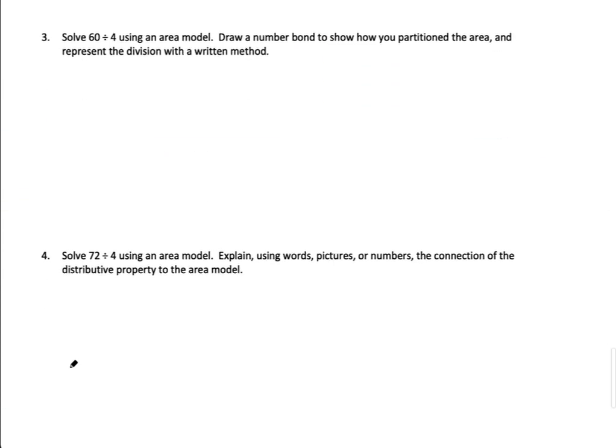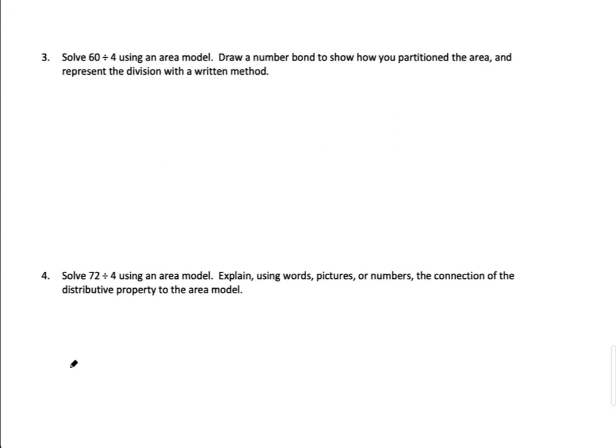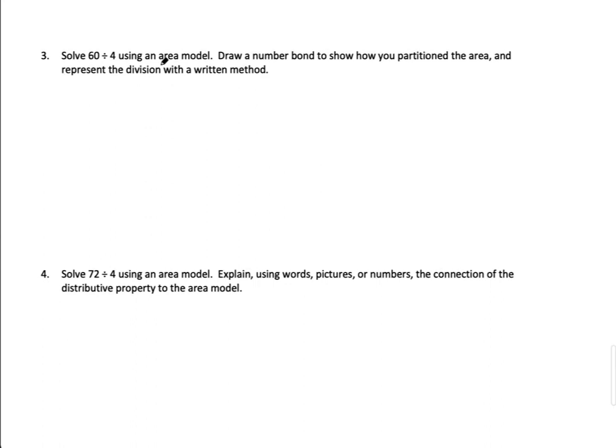All right, and the last two problems. Solve 60 divided by 4 using an area model. Draw a number bond to show how you partition the area, and then represent division with a written method. All right, here we go. So let's use an area model. So we're doing 60 divided by 4 equals a number C. How should we break this up?